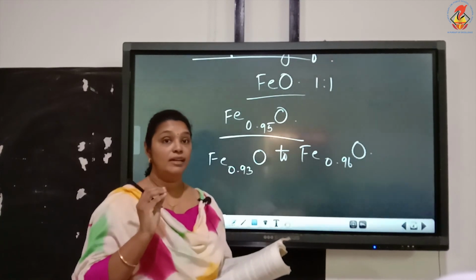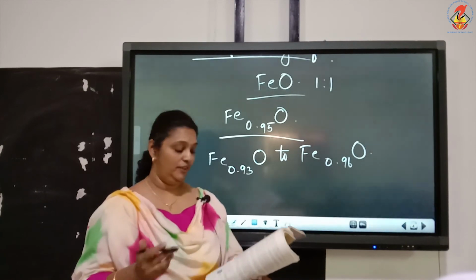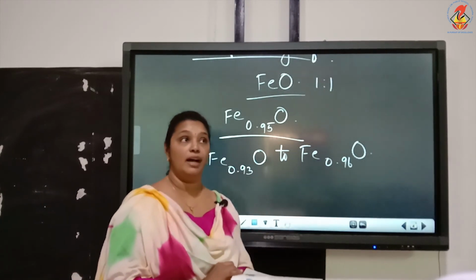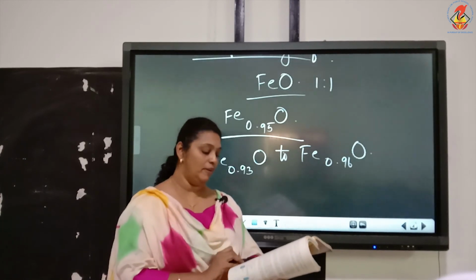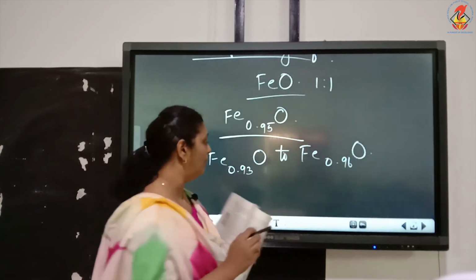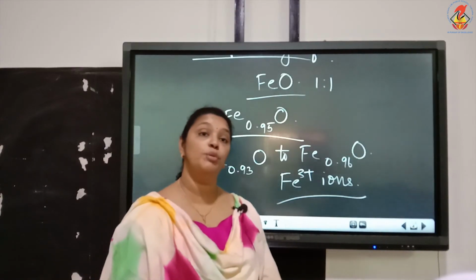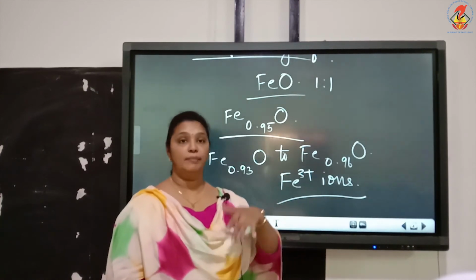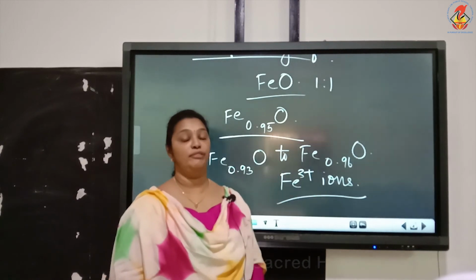There is a missing of Fe2+ ions in the crystal lattice of FeO, and here the Fe2+ cations are missing, and the loss of that positive charge is made up by the presence of required number of Fe3+ ions. So we have Fe2+ ions missing, but that charge is maintained by adding an ion of higher charge, that is Fe3+.